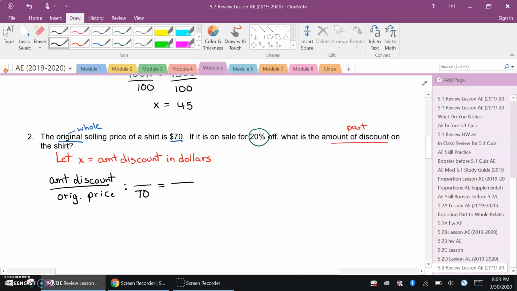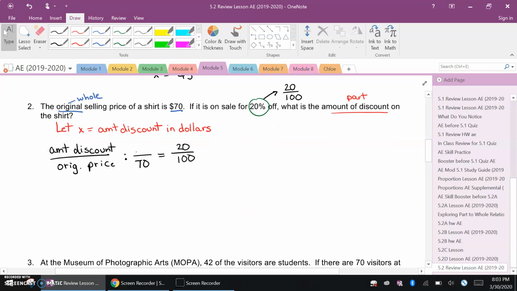Our 20%, we're going to want to put the 20 on top of the 70, but because it's percent, that means automatically that this is going to be 20 over 100. If it's helpful for you to do so in the word problem, you can go ahead and put 20 over 100 right there so that you remember to do that in your proportion. And then the space that we're missing is the amount of discount.